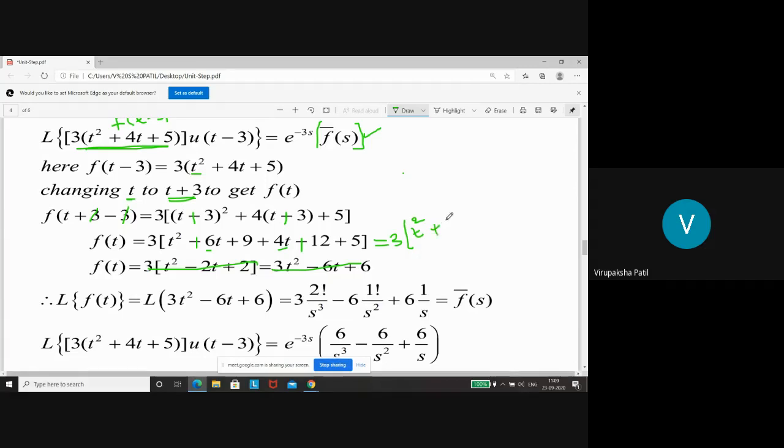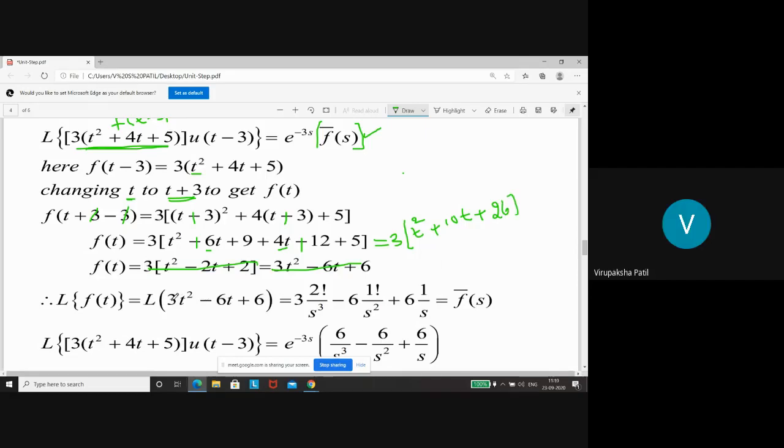how much does it become? Yes, can anybody say? 10t, am I right? Then this becomes 12 plus 5 is 17, 17 plus this 9 is how much? 26.